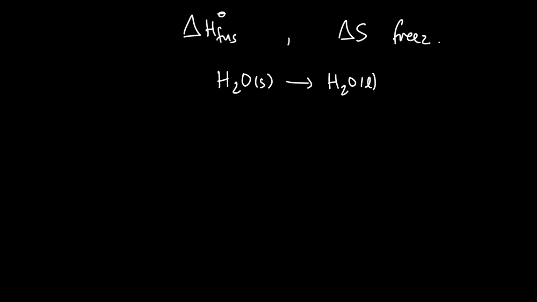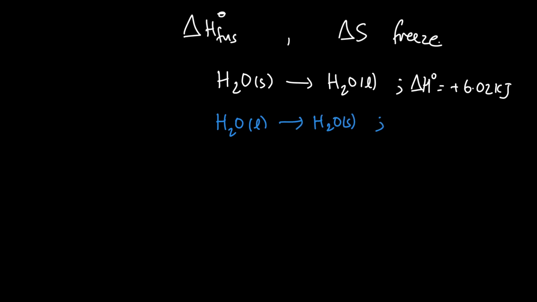Melting is not the same thing as freezing, but it's the same thing done backwards in reactants and products. So this, we were told earlier, is equal to positive 6.02 kilojoules. Remember, when we melt, we break intermolecular forces. So now if we want to freeze, we have got to flip it around. We take liquid water and change it into solid water. So we are reversing the reaction.